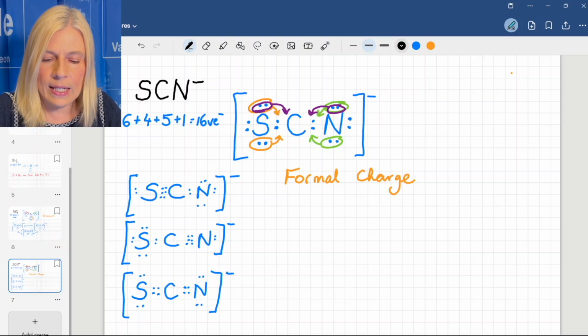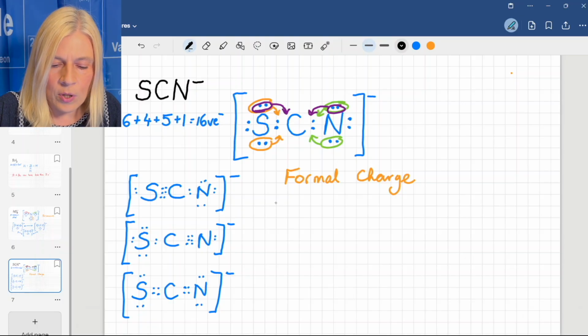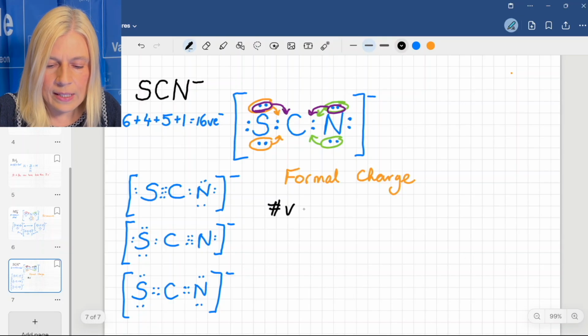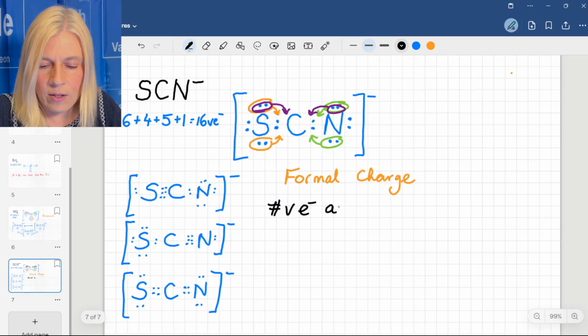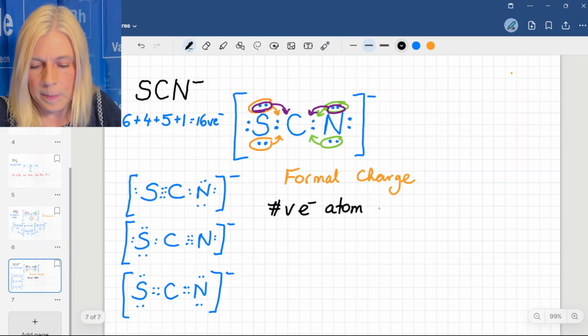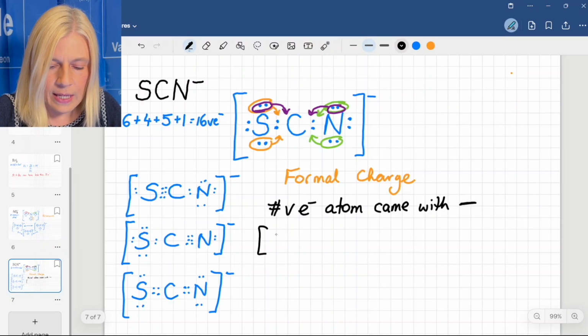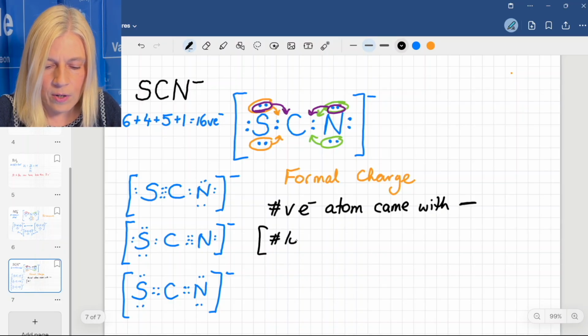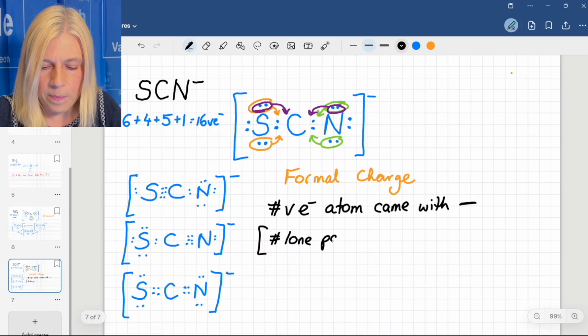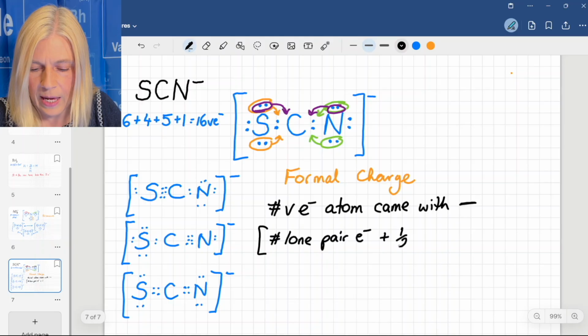So basically it's this: the number of valence electrons an atom came with, minus, you ready? We'll put a bracket, minus the number of lone pair electrons, plus half of the bonded electrons.